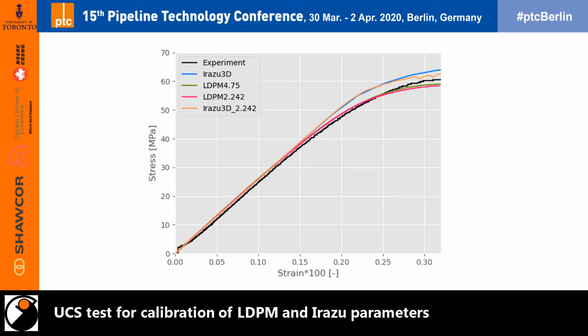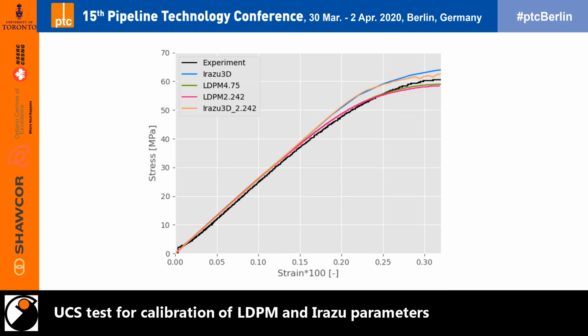The blue curve represents the FDEM simulation. The orange curve represents the finer mesh simulation, and we can see that the result is independent of the mesh sensitivity.